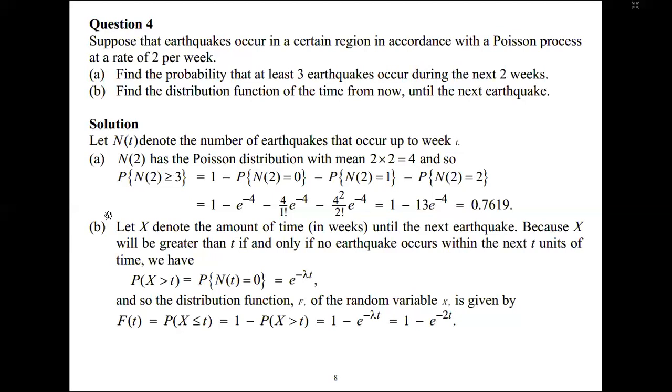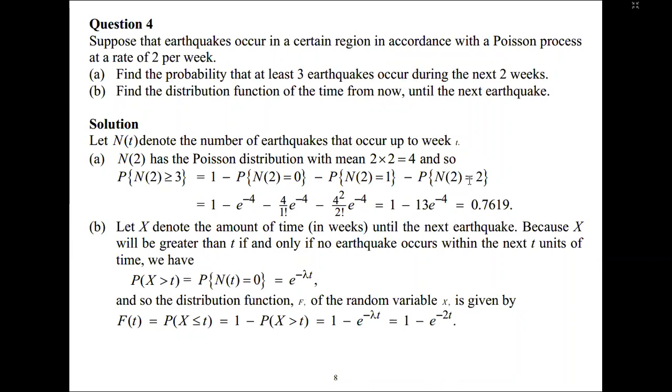If 3 or more earthquakes occur after 2 weeks, it means within the first 2 weeks, either there was no earthquake, or 1 earthquake, or 2 earthquakes.